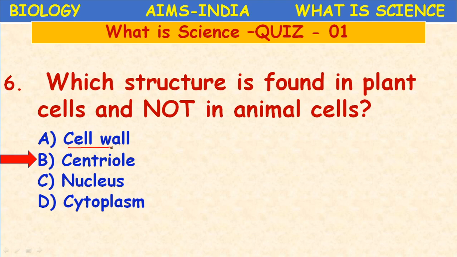Cell wall. The nucleus is found in both, and cytoplasm is also found in both plant cell and animal cell, but the cell wall is found in the plant cell, not in the animal cell.